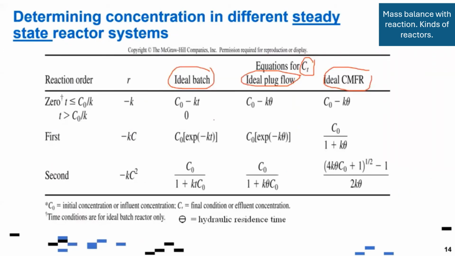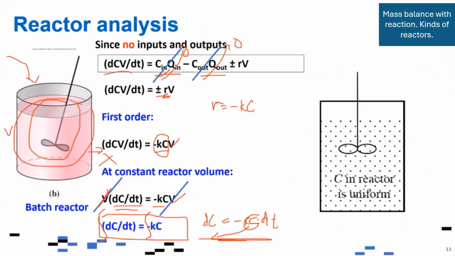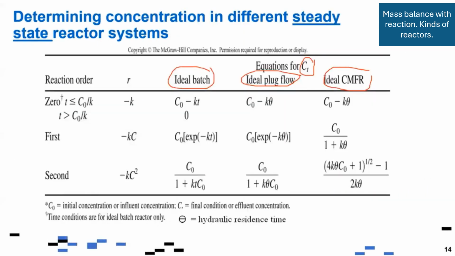After we have integrated, let me go back here. Integrating this equation results in this equation for the ideal batch. What does it mean?